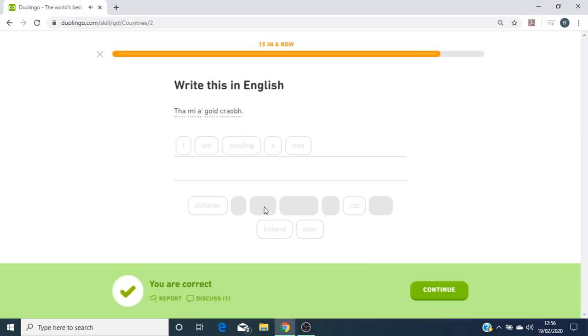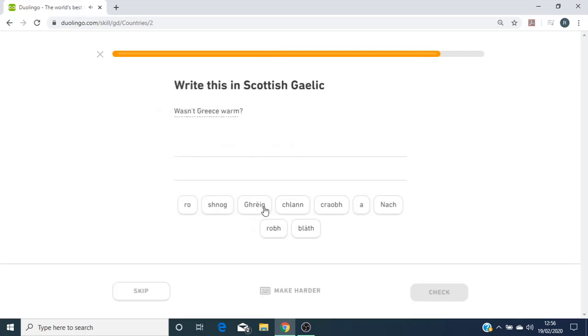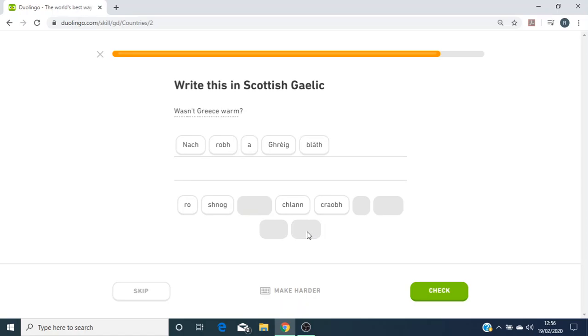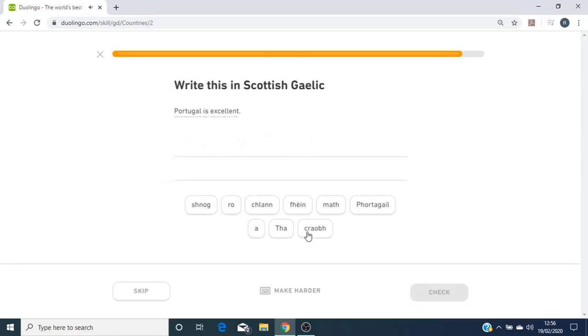Good old Duolingo. Wasn't Greece? No. Portugal is excellent. Portugal. Portugal. Portugal.